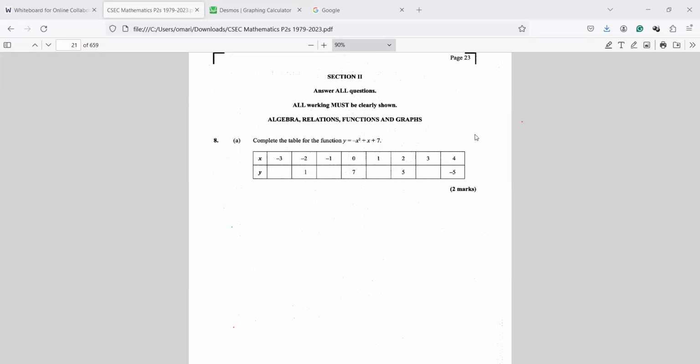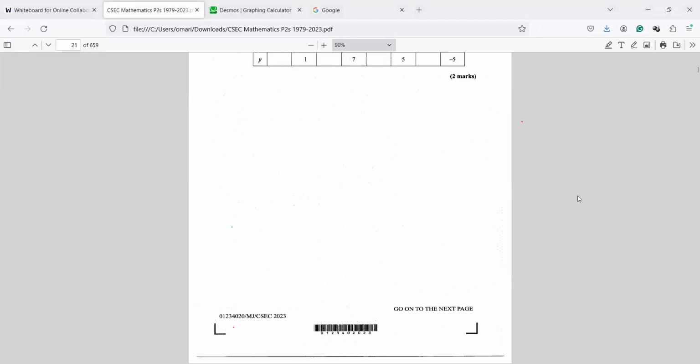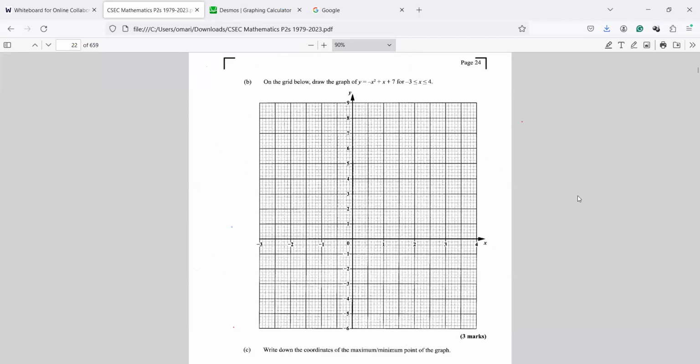All right, you can scroll down a bit, Omari. All right, so you're asked to construct the graph. So basically that's just plotting the points and then connecting the dots. And they did state for x less than or equal to -3, but not greater than or equal to 4.